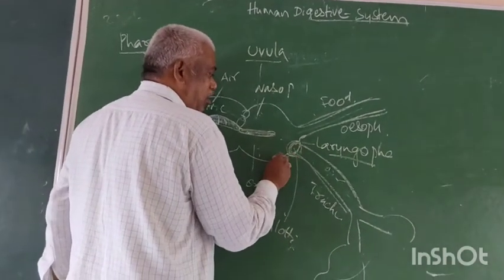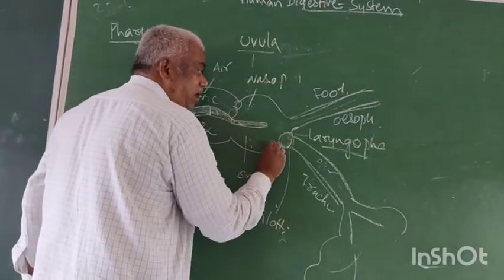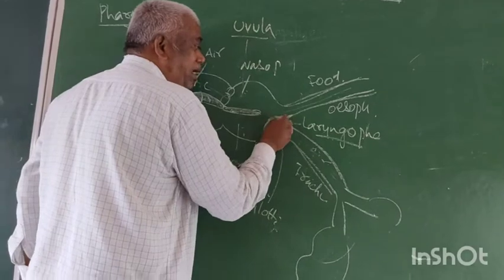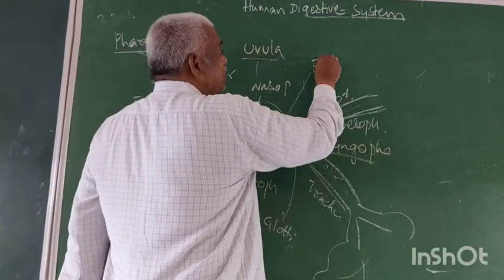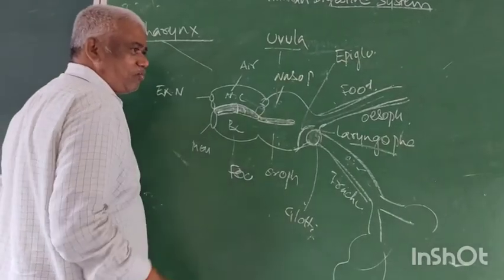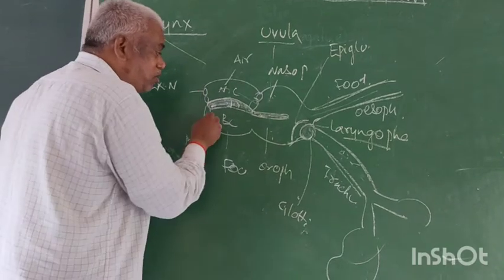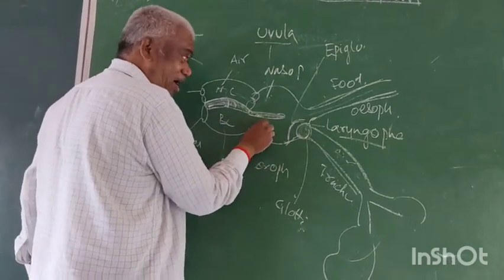Now this glottis is covered by a lid called the epiglottis. When you take food, it is present in the buccal cavity, and after this, the pharynx.